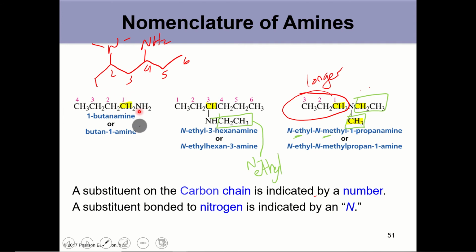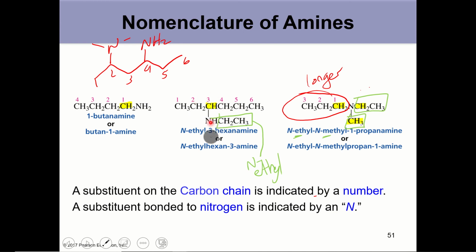So continuing with our nomenclature, we have the same set of molecules, but looking at the next rule: a substituent on the carbon chain. For the main chain, any carbon or halide or other group bonded to a carbon in this chain is going to be indicated by the carbon number that it is bonded to.